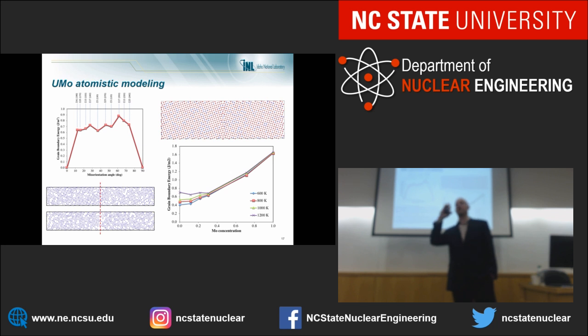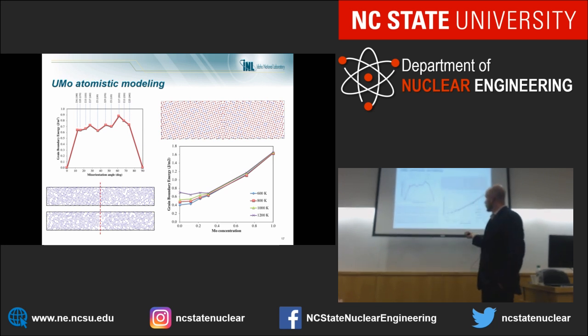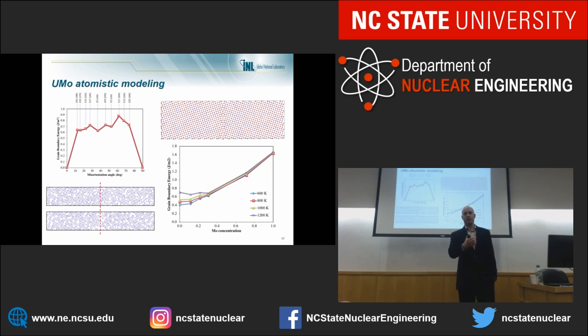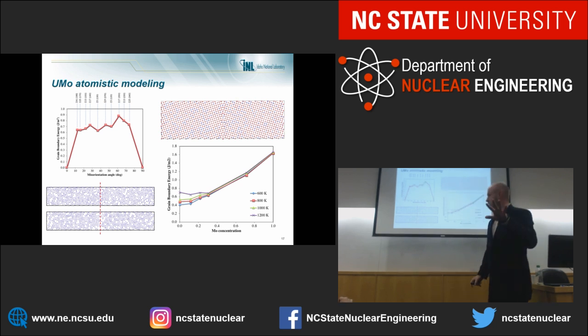So moly is leaving because the grain boundaries want to form pure U grain boundaries. So we're having a depletion of moly, which leads to the phase diagram wanting to form alpha U. So it's decomposing from this BCC structure into alpha U because of the driving force of the grain boundary energy.